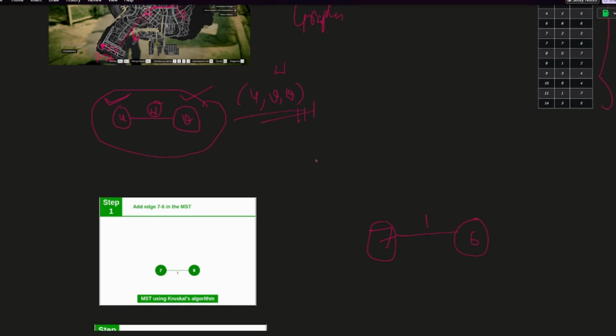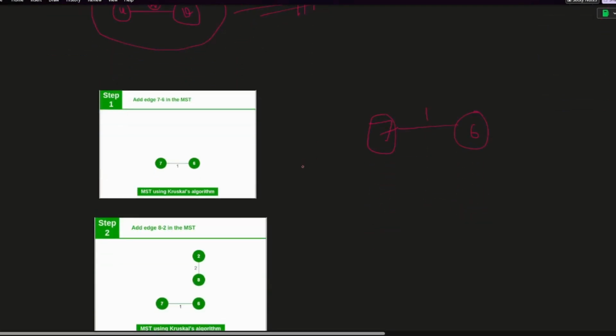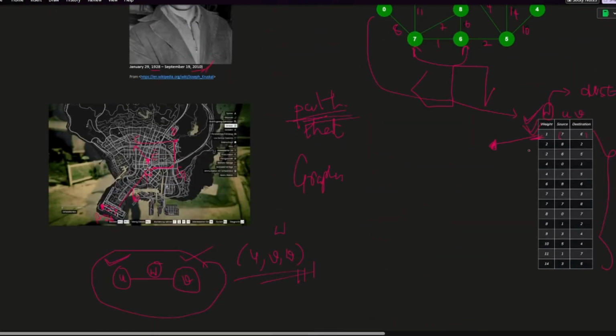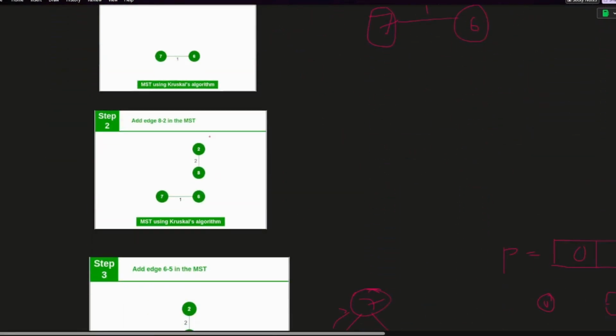It could be a kilometer, it could be a meter, whatever you would like to call it. Next up in our list is 8 2, with a weight of 2. So this one is out, and now this one is out as well. So we have 8 and also 2.